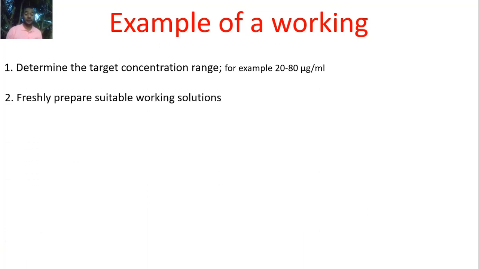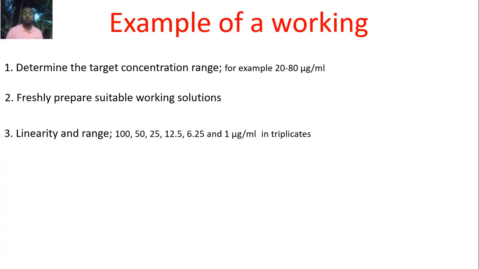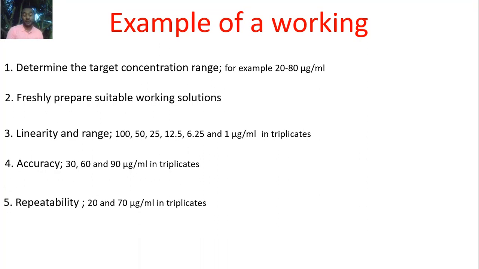After determination of the target concentration, prepare a suitable working solution. From this working solution, you prepare at least 5 concentrations in triplicates for your linearity range, 3 concentrations for your accuracy evaluation, and at least 1 concentration for your repeatability and precision.